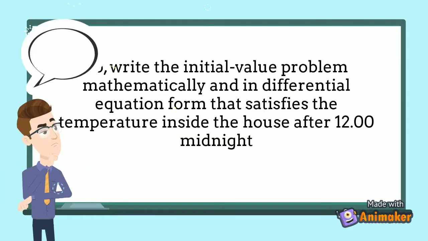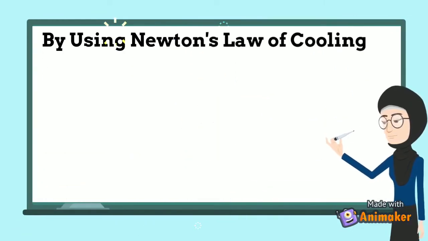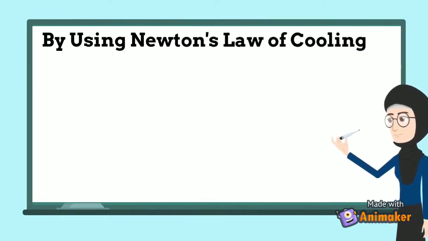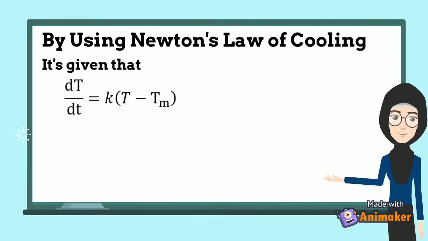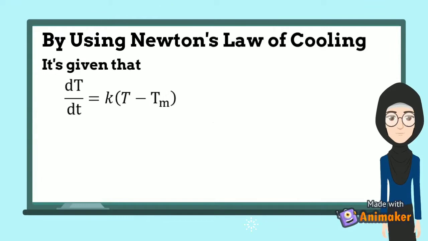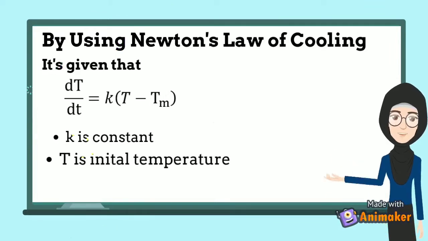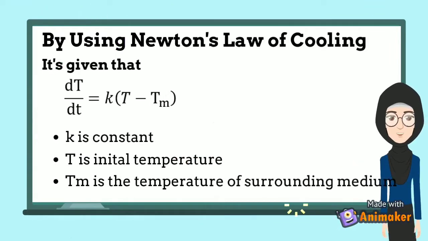So the first question is, write the initial value problem mathematically and in differential equation form that satisfies the temperature inside the house after 12 midnight. By using Newton's law of cooling, it's given that dT over dt equals k bracket T minus Tm. k is a constant, T is the temperature, and Tm is the temperature of the surrounding medium.